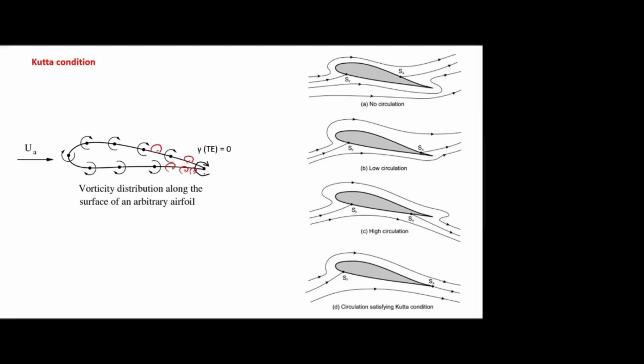So the strength of the vortex at the trailing edge will be 0, because in the vortex sheet we are considering infinitesimally small vortices. It is acting like a rotating fluid element where the strength is like a vorticity, simply the velocity difference. So if this trailing edge point is the stagnation point and the velocity at this point is 0, both velocities are 0, then the strength also will be 0. This is his third statement.